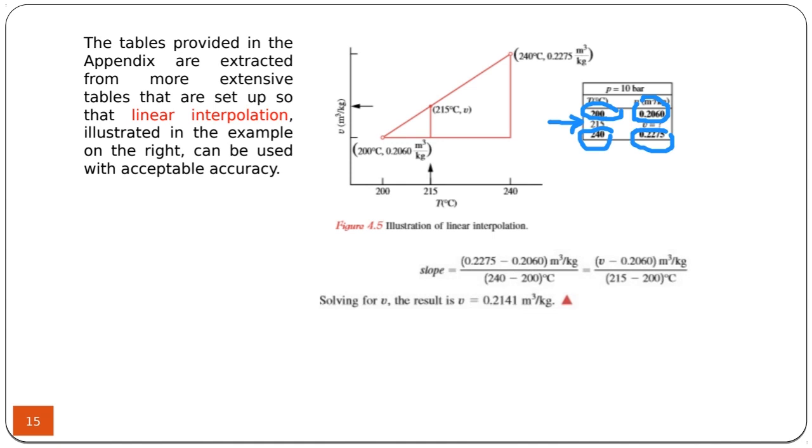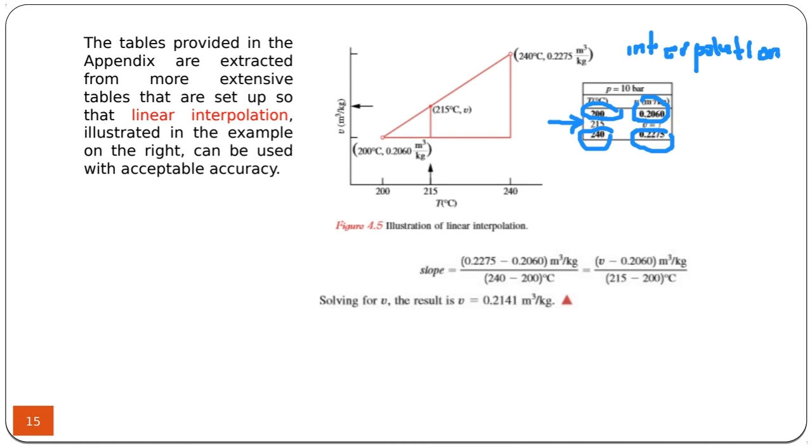The process of finding the intermediate value is called interpolation. Interpolation is finding an intermediate value. Our assumption is the values between 200 and 240 vary linearly.